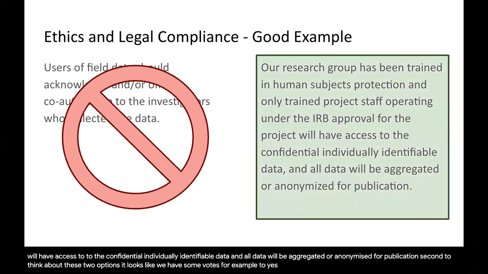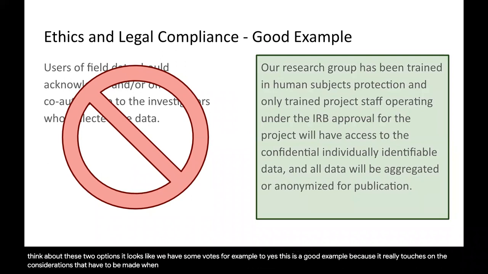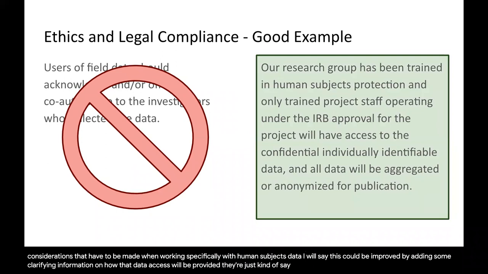Yes. This is a good example because it really touches on the considerations that have to be made when working specifically with human subjects data. I will say this could be improved by adding some clarifying information on how that data access will be provided. It just says access. I would like some details on how that would actually happen.